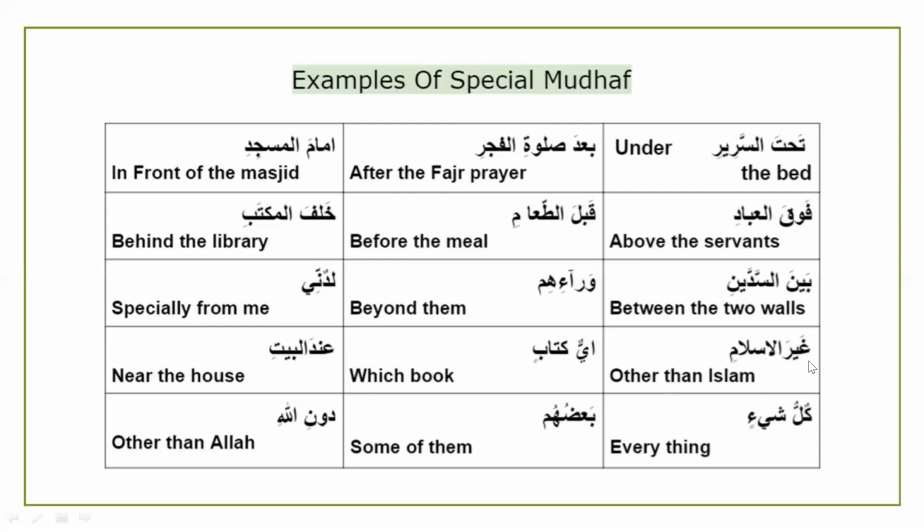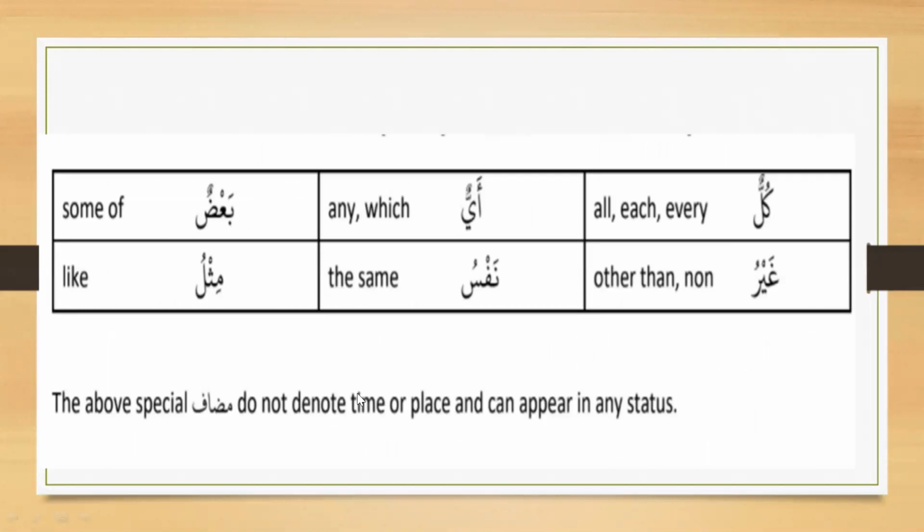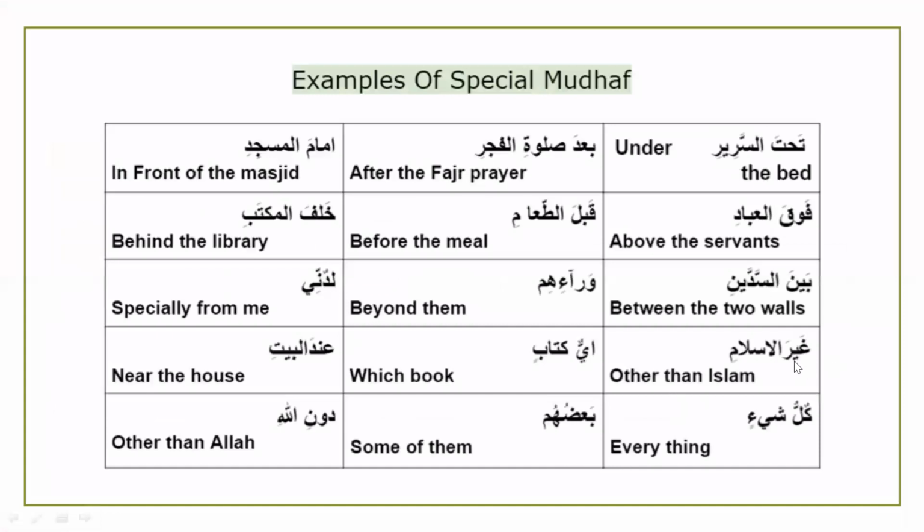Remember, this one is not zarf, because these special mudaf do not denote time or place. Ghayru, kullu, ayyu, nafsu, ba'du, and mislu. So this one is a special mudaf, but it's not zarf. And then ayyu kitabin, which book? Again, a special mudaf. Indal baiti, near the house, it's a placement. So this inda is zarf.